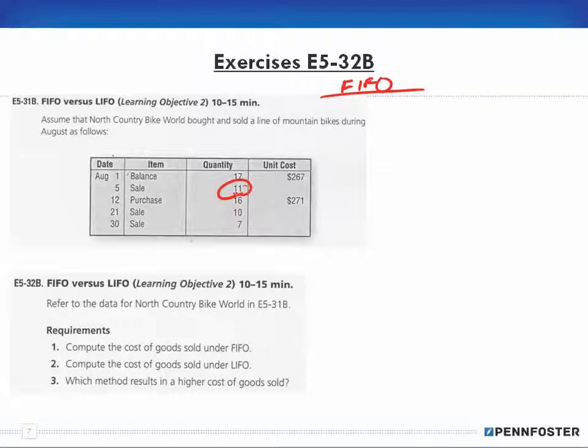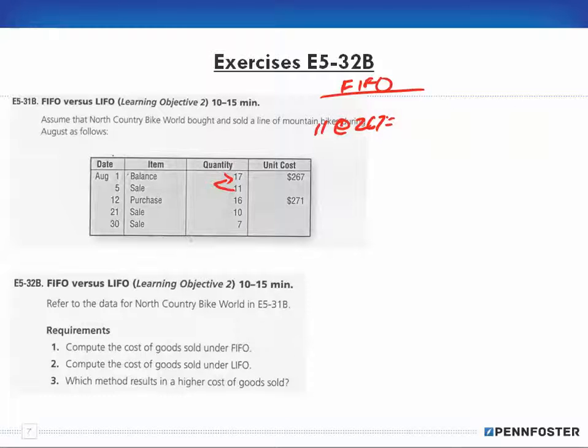So here, we're selling 11. Well, when we sell 11, where are those 11 coming from? Well, using FIFO, the 11 are coming out of what we had in our beginning inventory. So they were valued at 267 each.